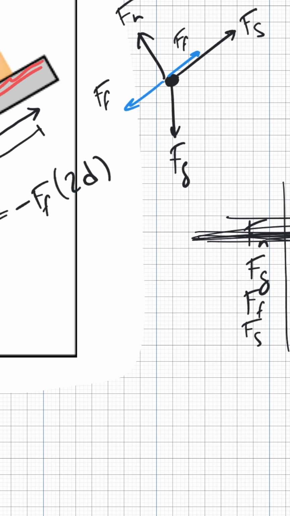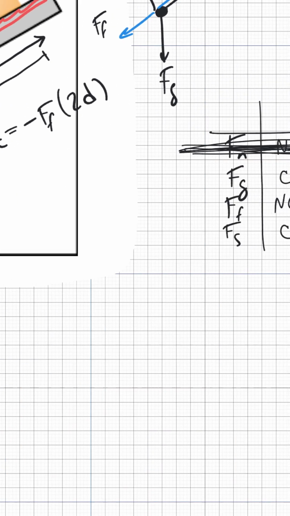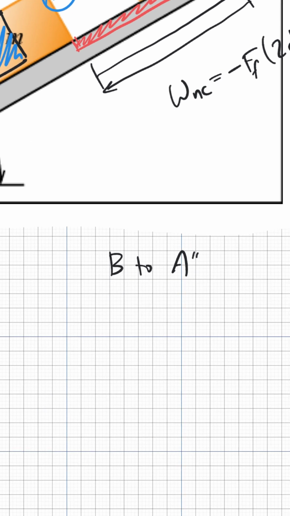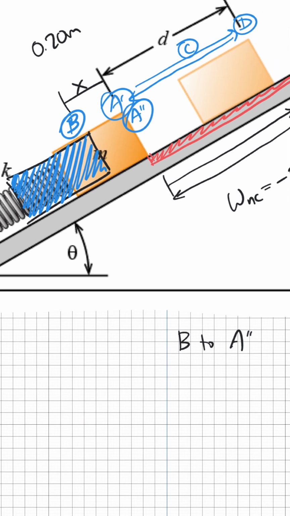All right, so let's go ahead and consider. Okay, so these are the three things we need to do. We've got two sources of potential energy, spring and gravity, and we've got one non-conserved work. Okay, so here we go. So let's see here. Work, non-conserved, plus the change in KE, plus the change in PE.